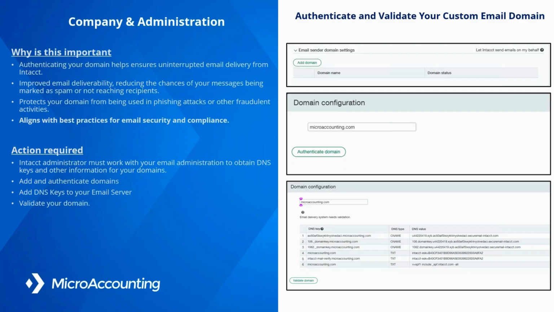We really need to get that authenticated to help ensure we have uninterrupted emails. With this new enhancement to how Sage is directing those emails, it really is going to reduce the chances of our messages getting marked as spam or not even reaching those recipients. I've had a few of those, and once we've authenticated their server, they start popping again. So it's very important.